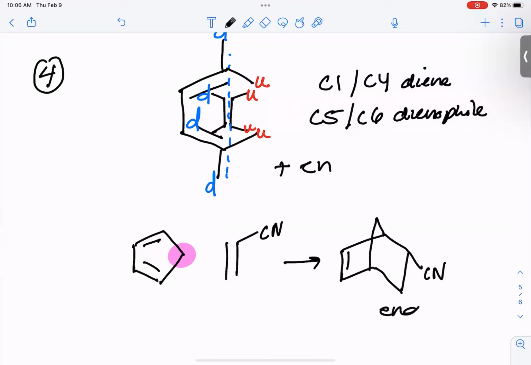That's endo because the CN is right. And if you look, that CN is essentially down. So it just helps keep that clear because it needs to be opposite of that bridge.